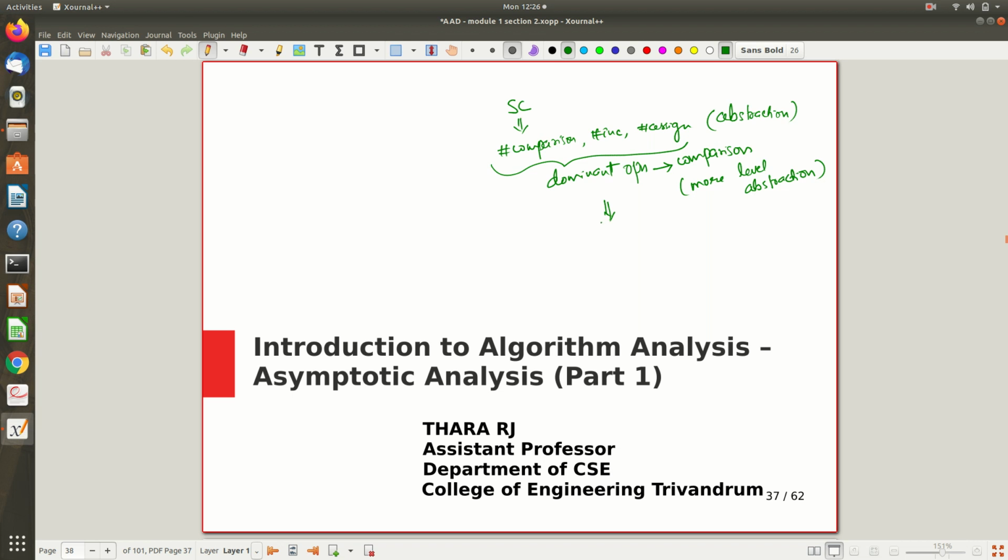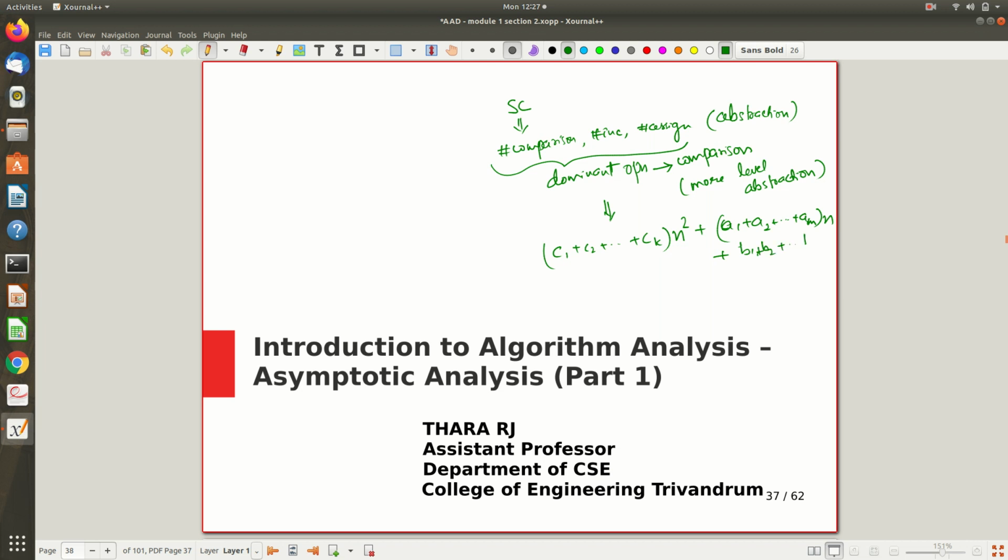In the last video lecture, we discussed the insertion sort algorithm, where you get some set of constants times an n square term, plus another set of constants times n, and last another set of constants. Let me write it. We gave different names to the constants. Something like this you got, right?